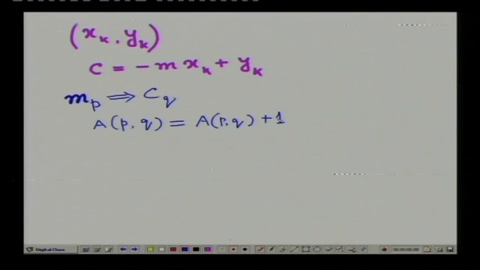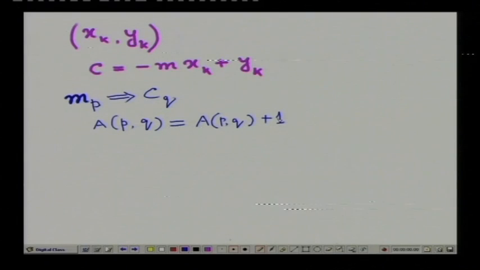So, I have to do this for all the boundary points in our spatial domain, that is in the xy plane, and for each of these boundary points I have to compute it for every allowed value of M as allowed in our parameter space.